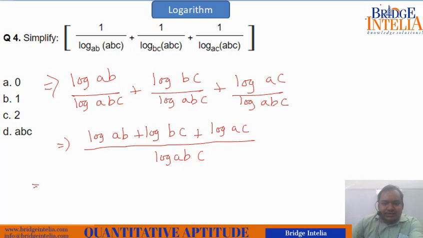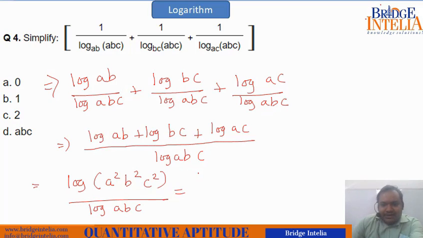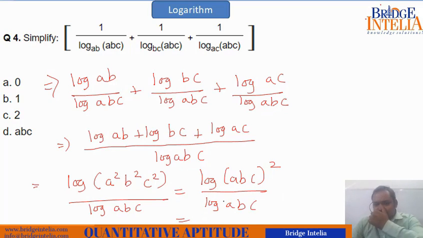This can further be written using the product rule: log a plus log b plus log c can be written as log abc. If you multiply, this will become log of a square b square c square whole divided by log abc. This can further be written as log abc whole square divided by log abc. So this is equal to 2. This 2 comes out and log abc cancels.